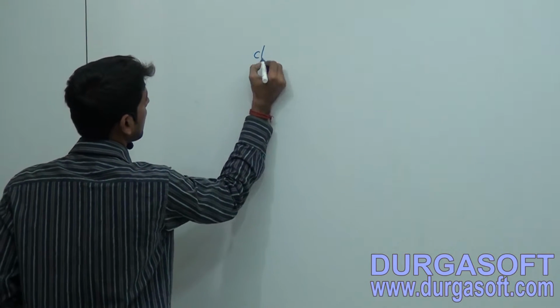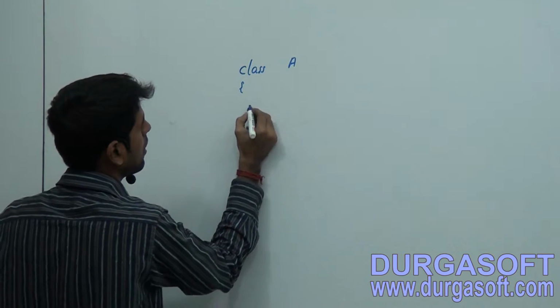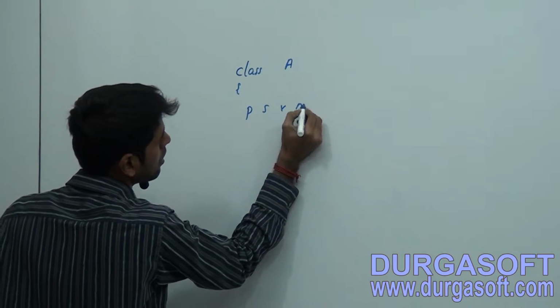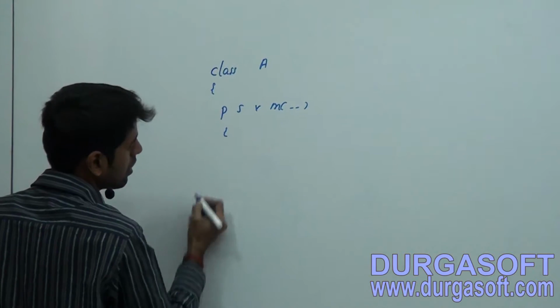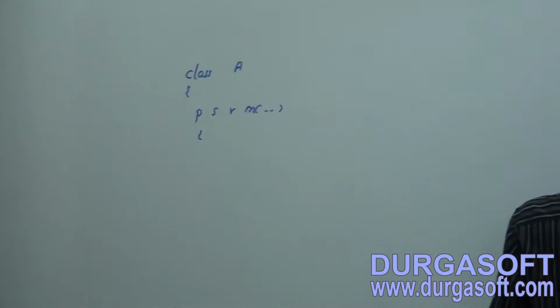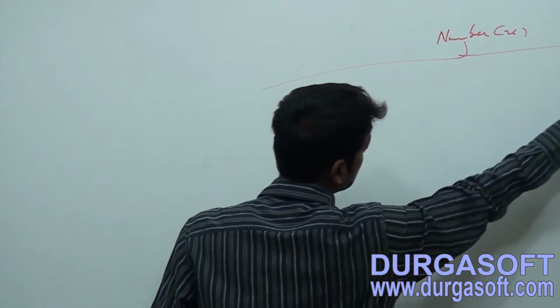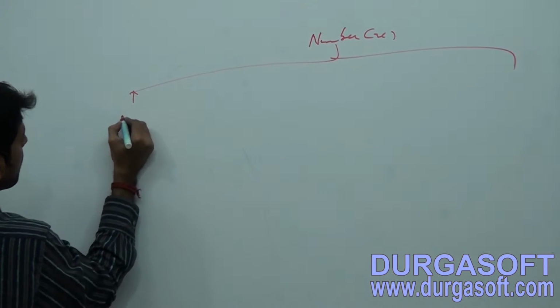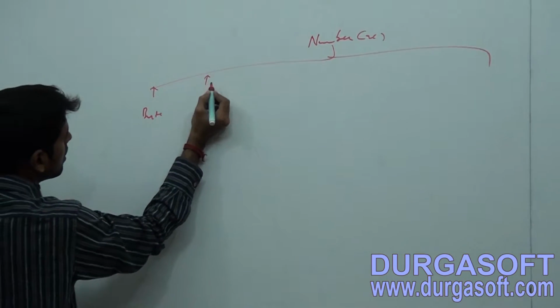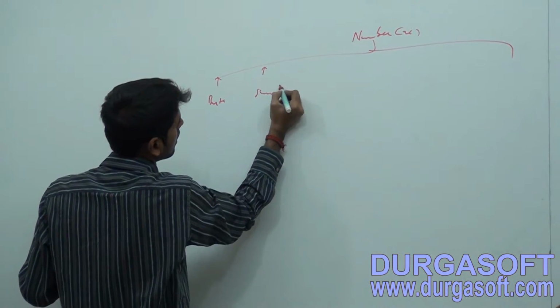Okay, observe, let me take a class called A. Now observe here, public static void main string array. I have said one thing to you, all our wrapper classes are child to one class called Number abstract class.